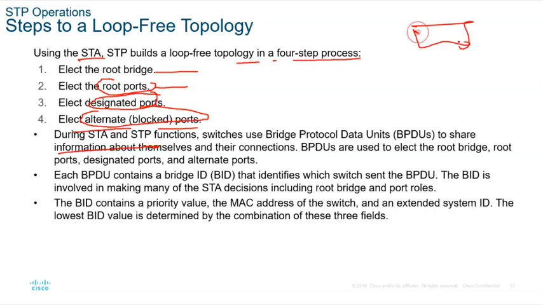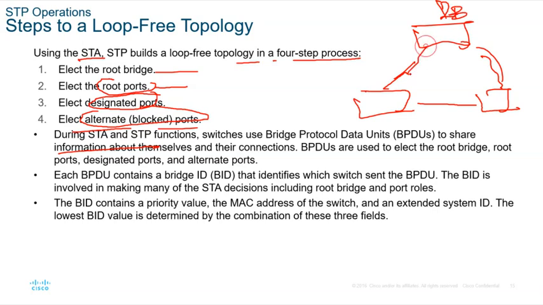For example, if I have a switch connected to this, and then this, and maybe this here, this is the root bridge. The ports on the root bridge are the ones that communicate away, or point away from the root bridge. So these are designated ports.